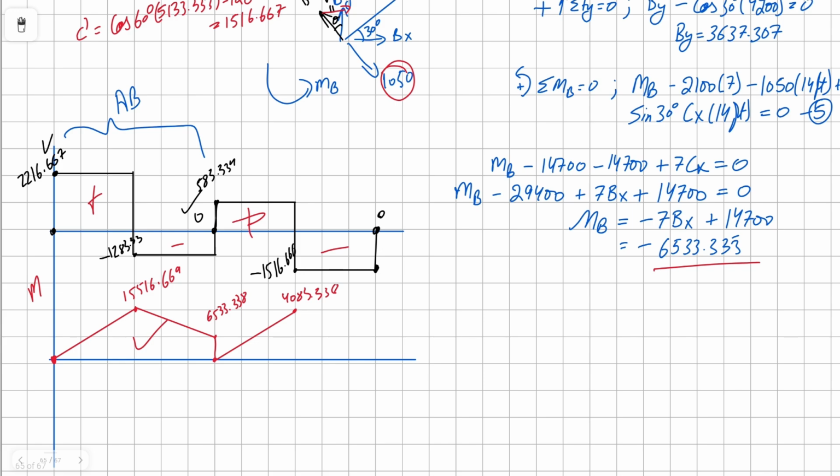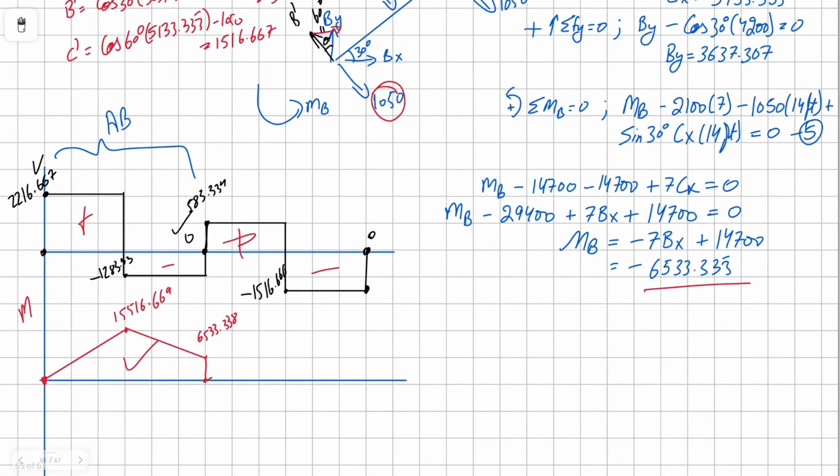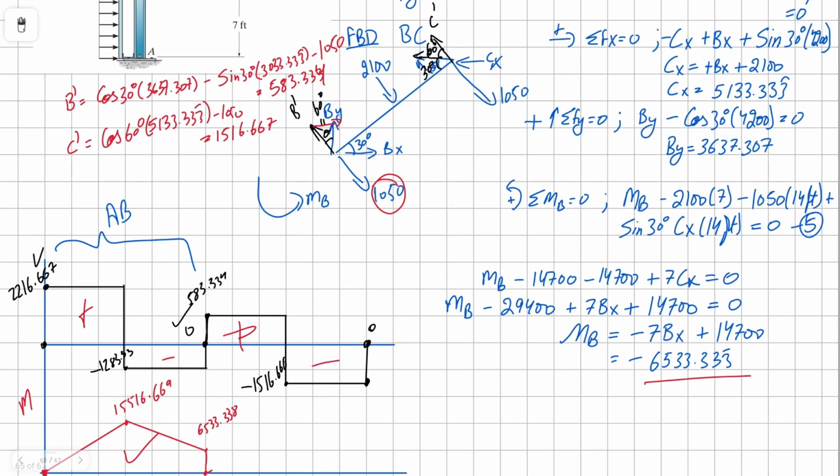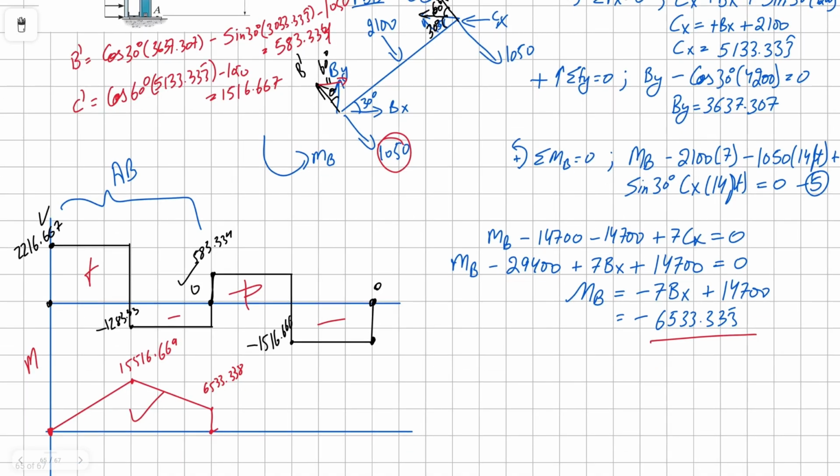Oh, and one thing I missed. Before we do this, we have a negative moment B, because a positive is counterclockwise, but we have a negative moment B, which means this will be clockwise. That means we are going upwards.